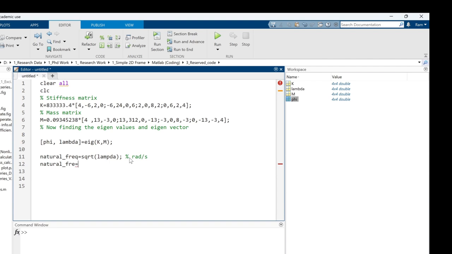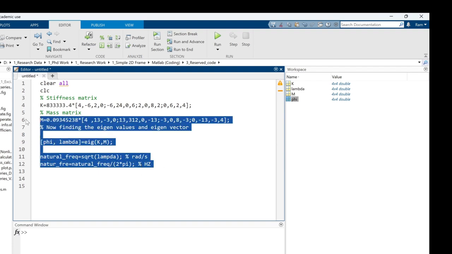Omega equals 2 pi f, so the natural frequency in radian per second divided by 2 times pi gives the natural frequency in hertz.